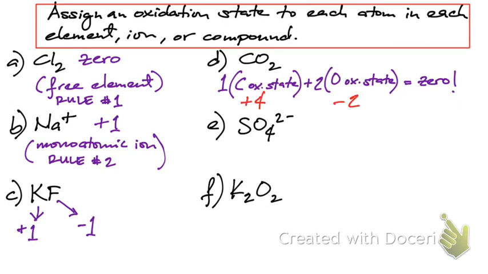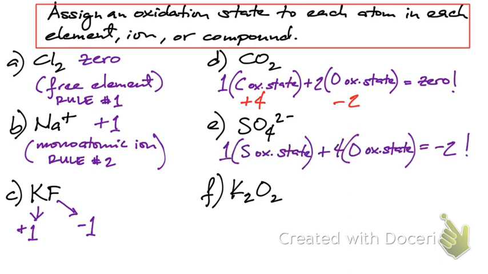All right, what about for sulfate ion? So here we have a polyatomic ion, and so when you add up all the oxidation numbers of all the atoms, that would equate to the charge, which is -2. And so that would be 1 times the oxidation state of sulfur plus 4 times the oxidation state of oxygen. That would equal -2. And so which one takes priority, oxygen or sulfur?